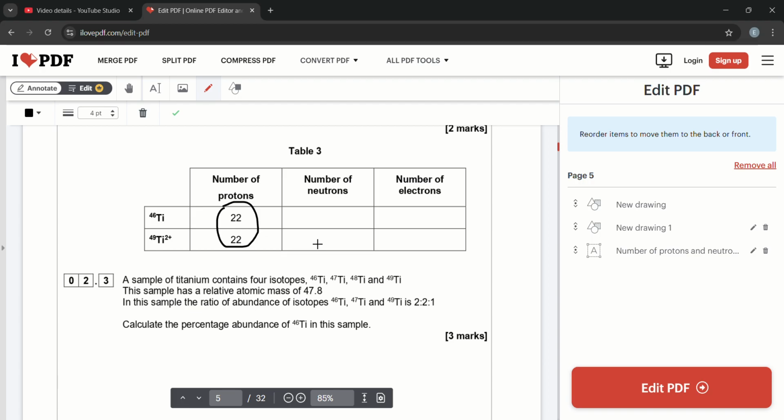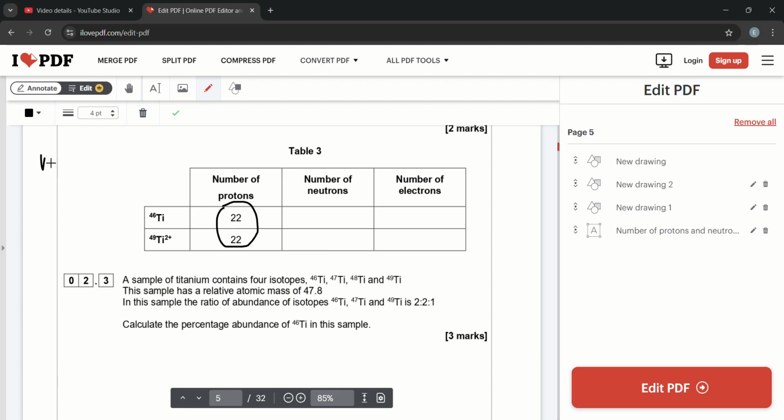So to find the number of neutrons, it's going to be 46 minus 22. Neutrons equals 46 minus 22.